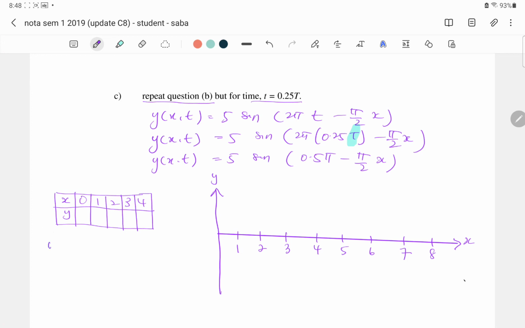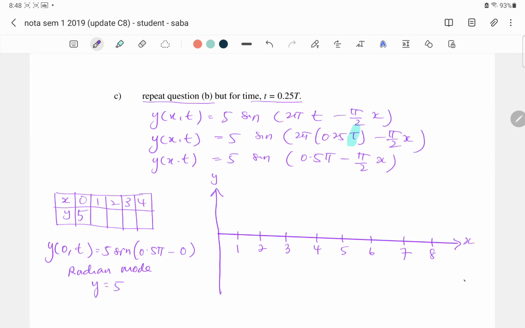Okay, so y 0 t equal to 5 sine 0.5 pi minus 0. Okay, so bila tekan calculator, make sure your calculator in radian mode. Okay, you akan nampak kat sini y is equal to 5.